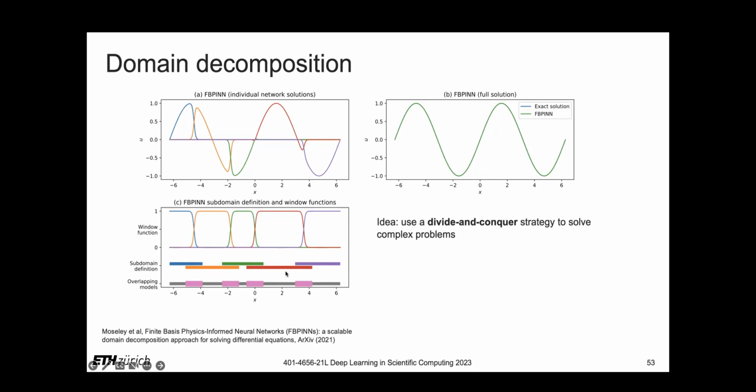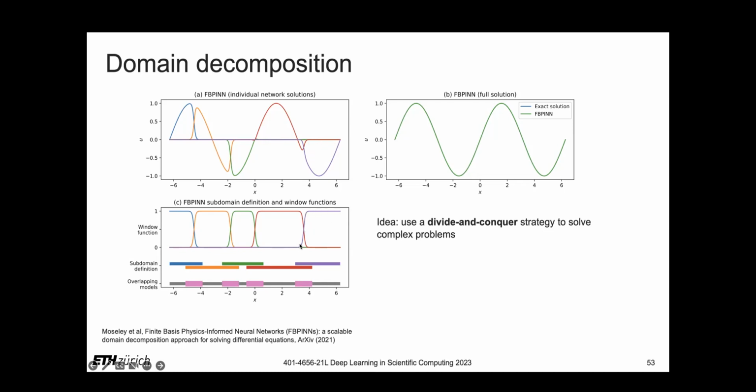The other thing is that each neural network we place in one of these subdomains has to be restricted to that subdomain. It can't have values outside of it, otherwise that would defeat the object of the domain decomposition. So we take the network's output and multiply it by a window function.